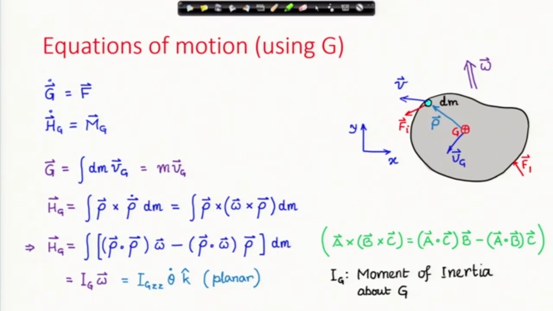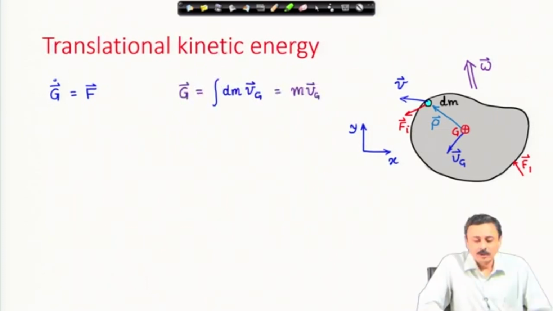I_G is the moment of inertia about G. And if you consider this representation of omega as theta dot k cap, then I have the moment of inertia about the z axis, that is the precise definition, times theta dot k cap for the planar situation, equal to H_G, the angular momentum about G. Okay.